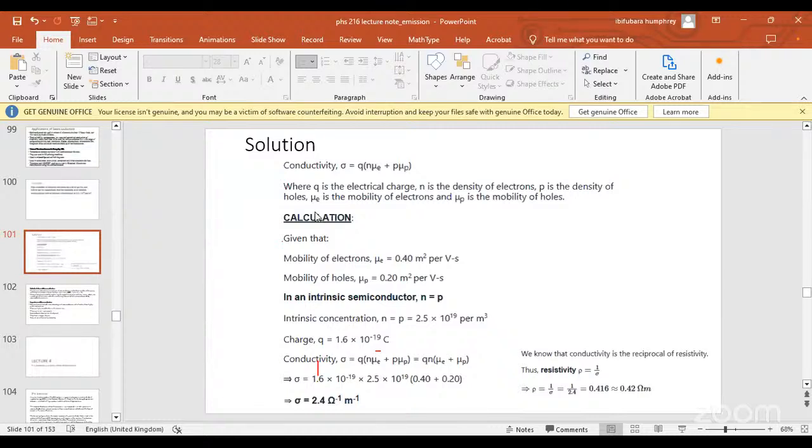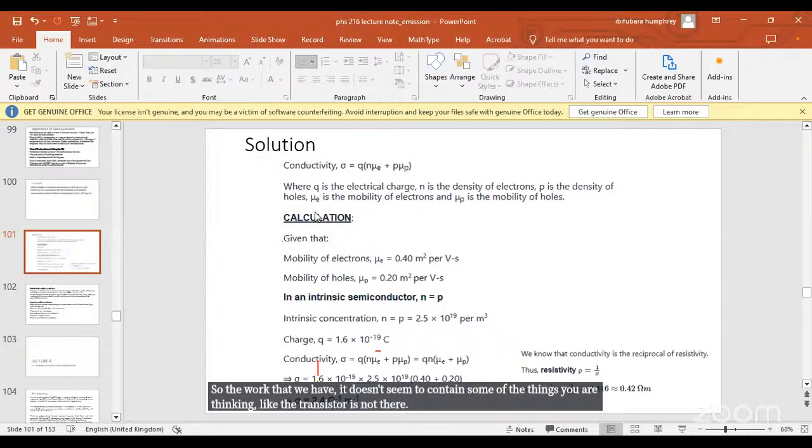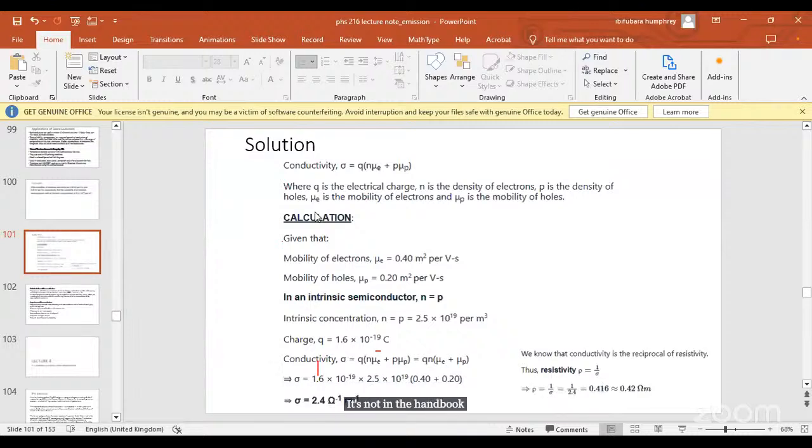Sir, please, can we get the syllabus for this course, like the scheme? You don't have the student handbook? Sir, the one that we have doesn't seem to contain some of the things you are taking, like the transistor. It's not in the handbook. Who says so?